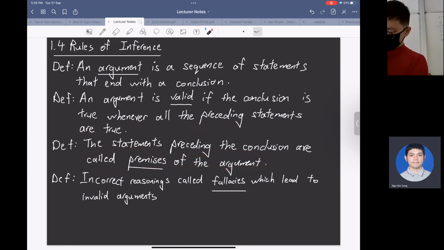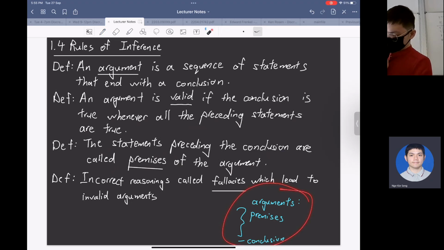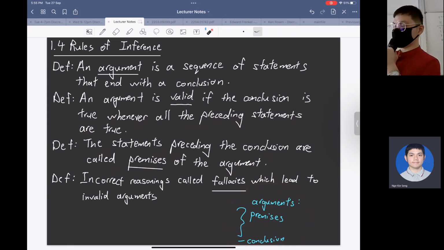So your argument consists of premises and then a conclusion. Your argument is valid only when you talk about the right conclusion, right? If you talk about a different conclusion, then your argument is not valid, because you are explaining other stuff.